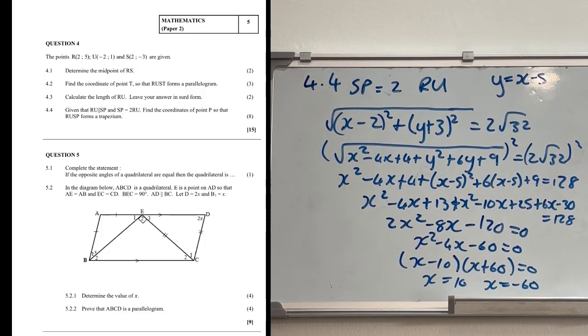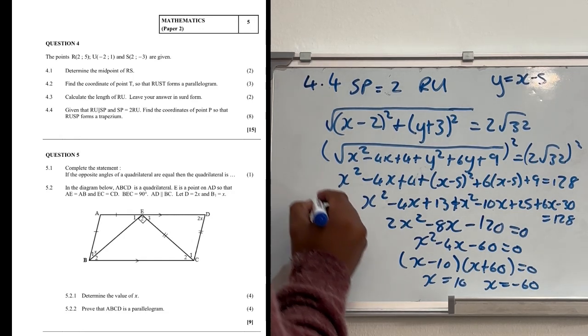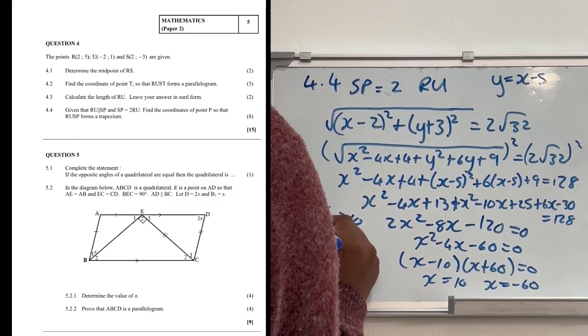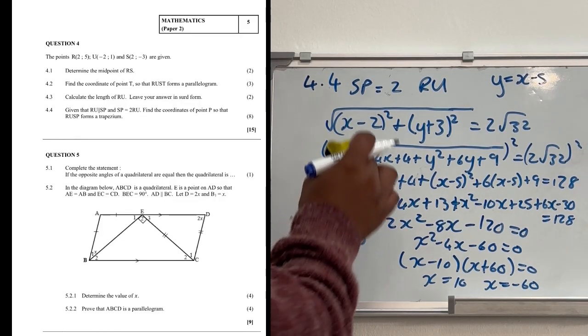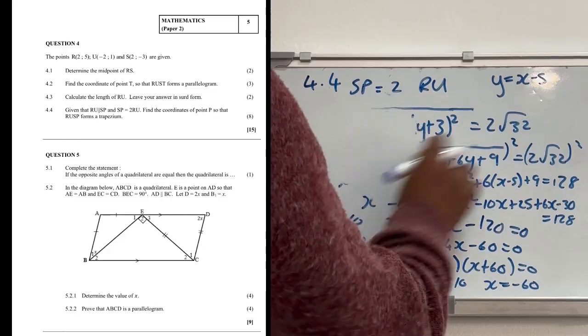So I'm just going to write x equal to 10 here and x equal to minus 6. We got that now, so I'm going to wipe those out.